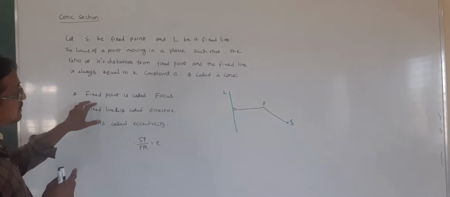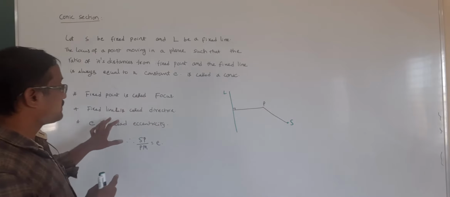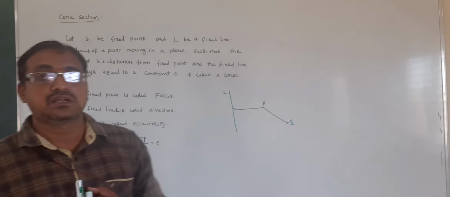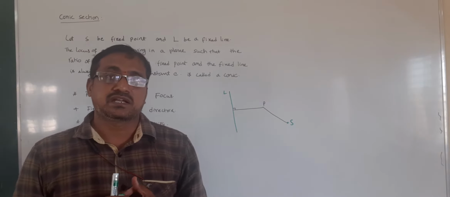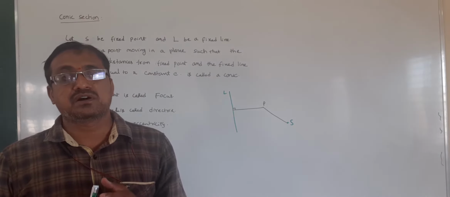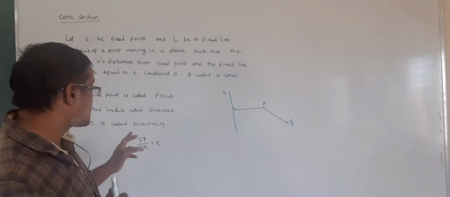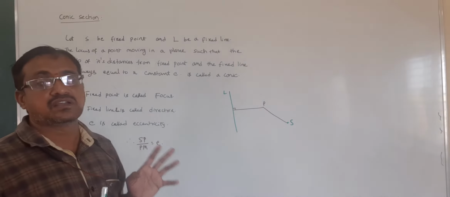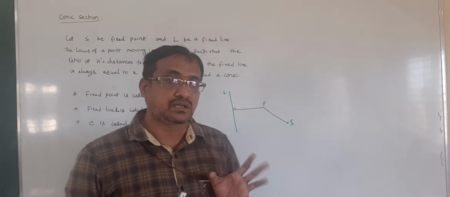This fixed point is called the focus and the fixed line is called the directrix, and the value of the ratio E is called the eccentricity of the conic.